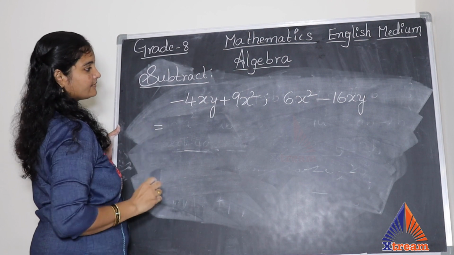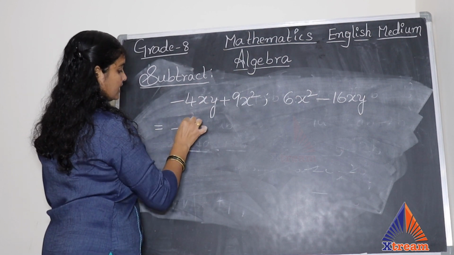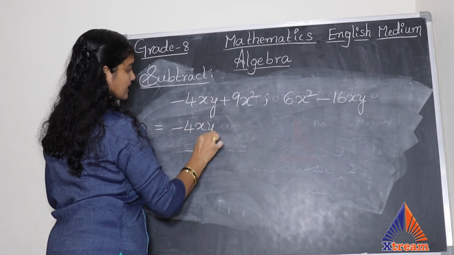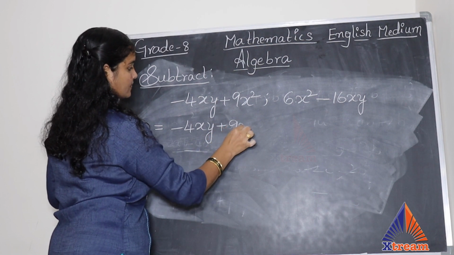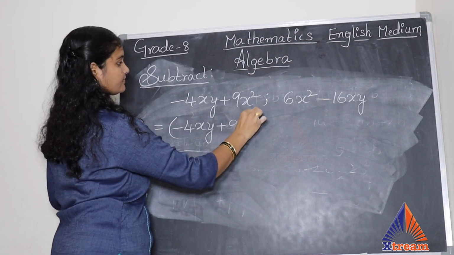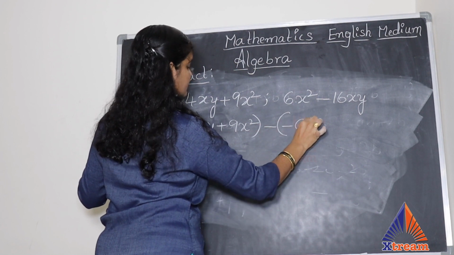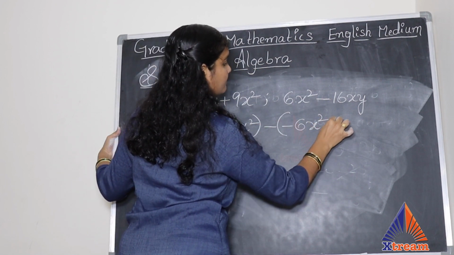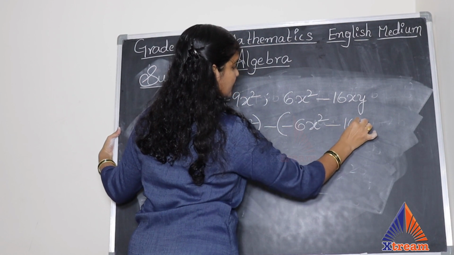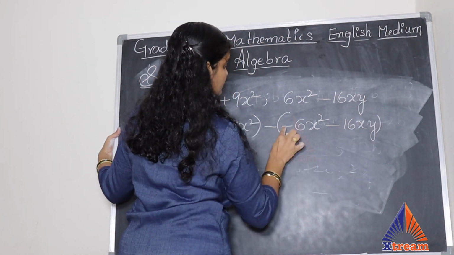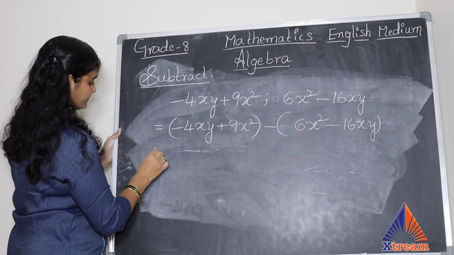So what do we have? Minus 4xy plus 9x square minus of minus 6x square minus 16xy. Sorry, there is no minus over here.